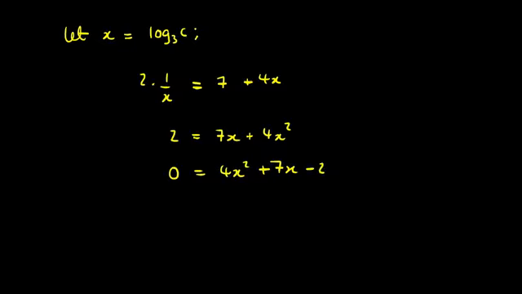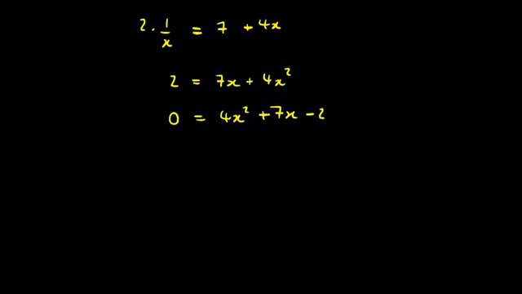Quadratics, you can use your calculator to solve. You can use the quadratic formula. You can factorize. I'm going to try to factorize here. I know I need two numbers that multiply to give -2. That could either be -1 and +2 or the other way around. I'll do a bit of guesswork here.